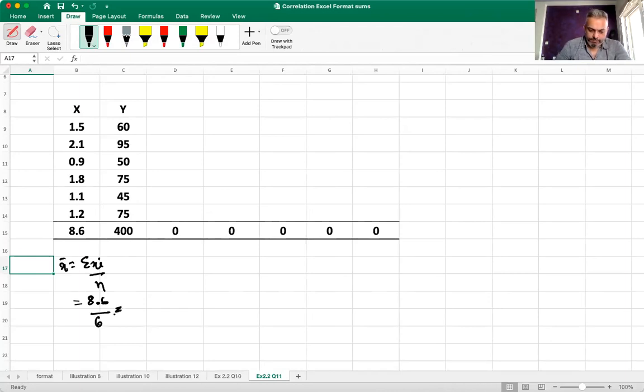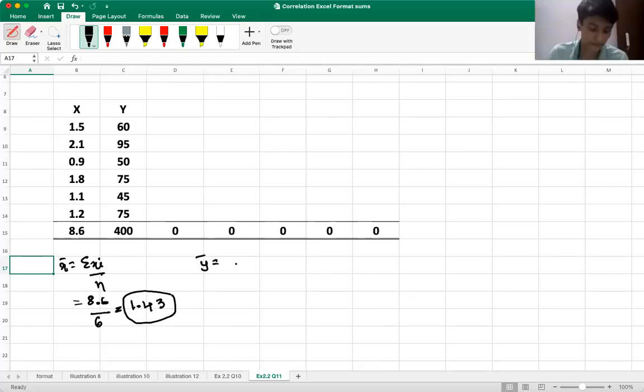Divide by 6. 1.433. So 1.43, you can see, this is a fraction.